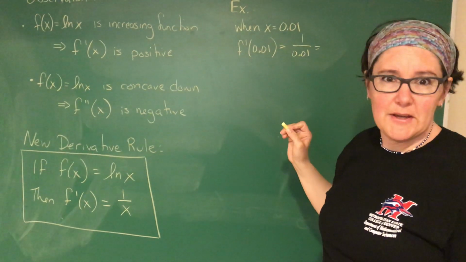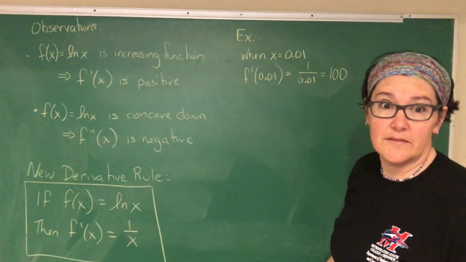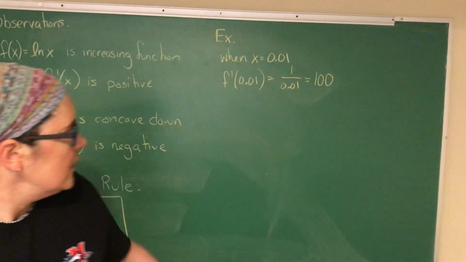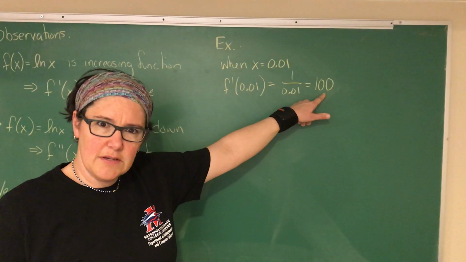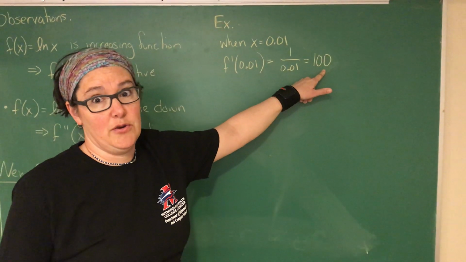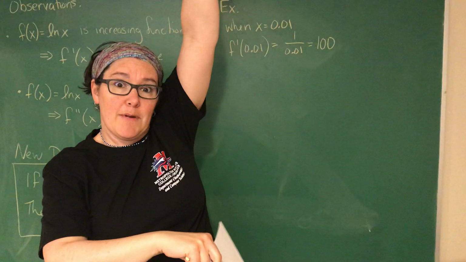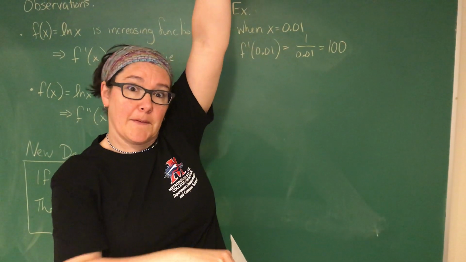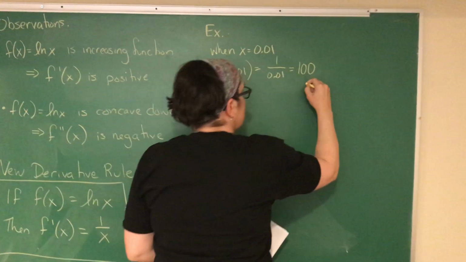If I type that into my calculator, what I get is 100. So my derivative is 100. That is a wicked steep slope. That says for every 1 unit to the right, the graph goes up by 100 units. So, very large slope.